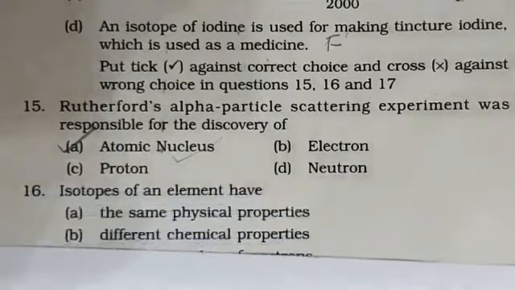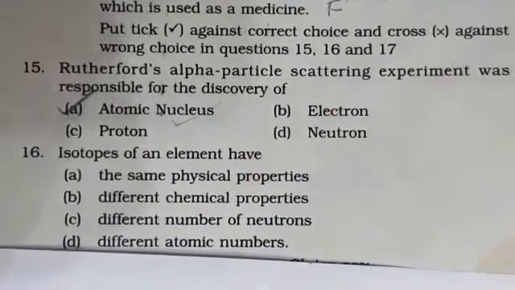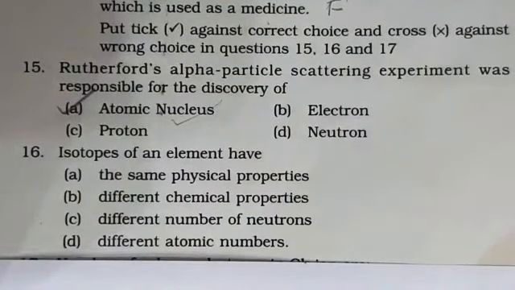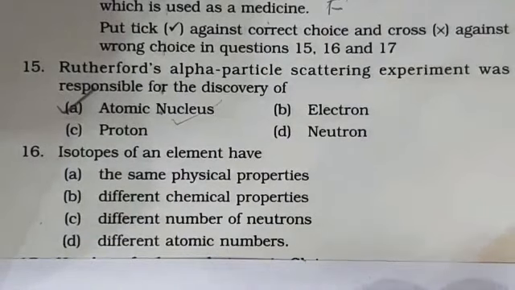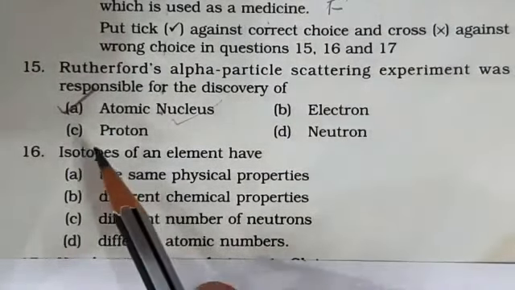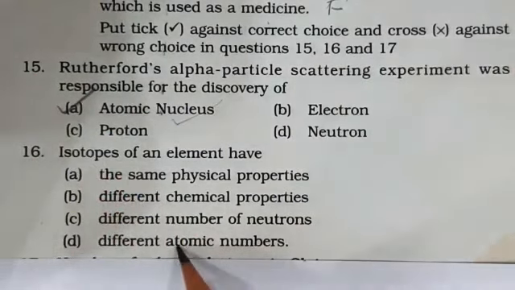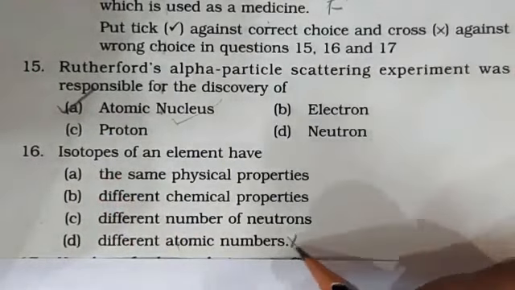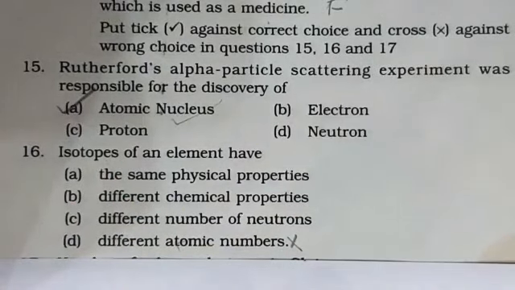Question number 16. The isotopes of an element have same physical properties, different chemical properties, different number of neutrons, different atomic number. What are isotopes? Same element, same atomic number. So this statement is false. Same atomic number, different mass number.